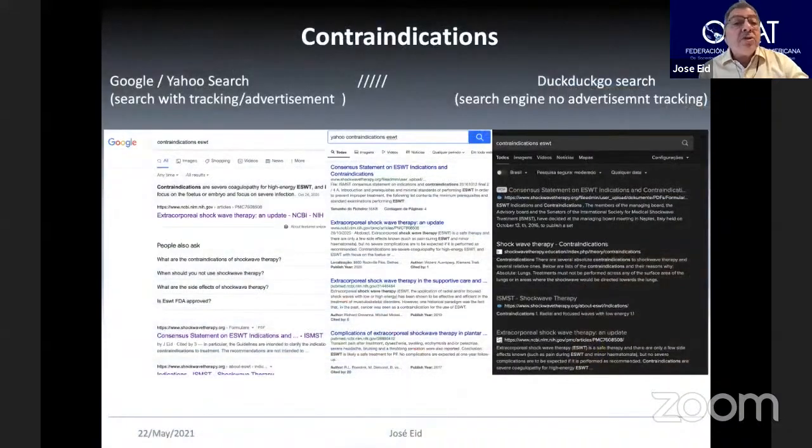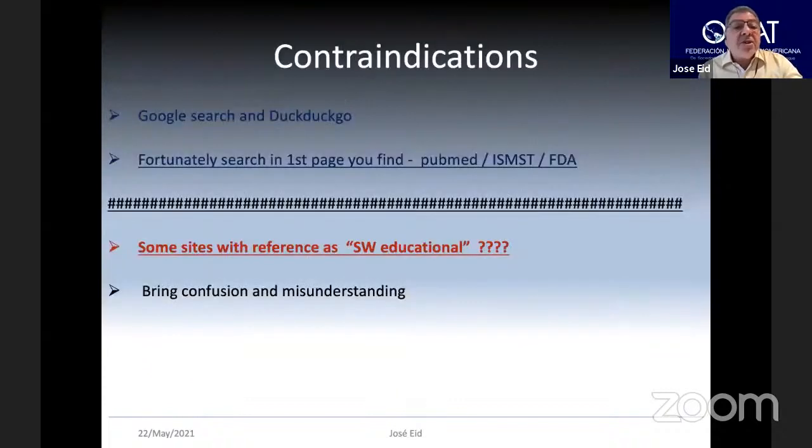When we go to the contraindications, it's very interesting because when you go to common research in Google, Yahoo, or even DuckDuckGo, you can see that in the first page, fortunately, you find PubMed, ISMST, or FDA websites telling us about the contraindications.